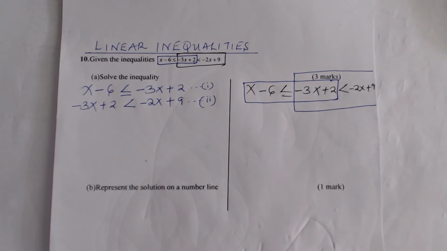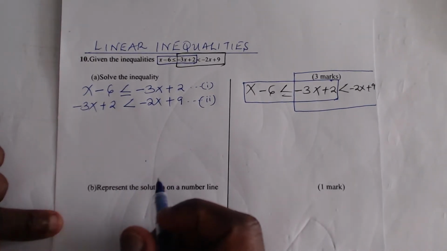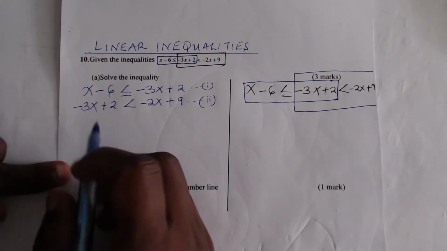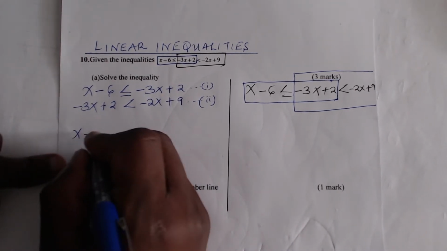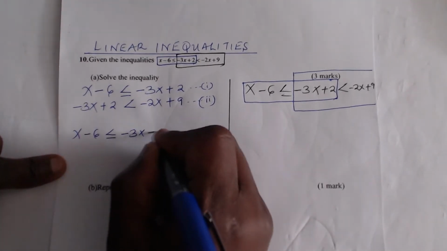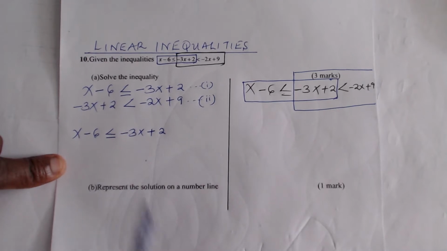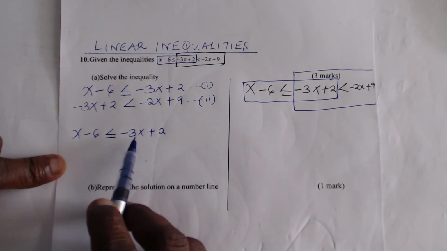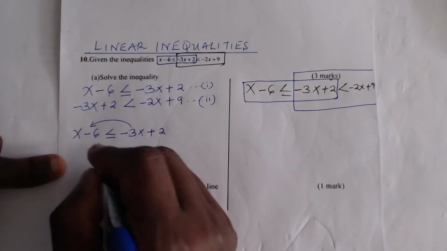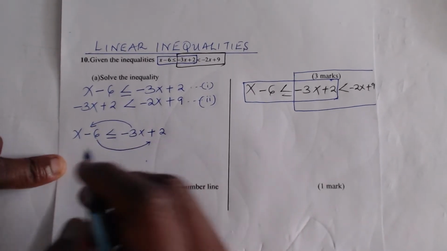Now after extracting them, the next thing is to solve them individually, one by one. We shall begin with the first one: x - 6 ≤ -3x + 2. First put the like terms together. I'll take this one to this side, and this -6 to that side.